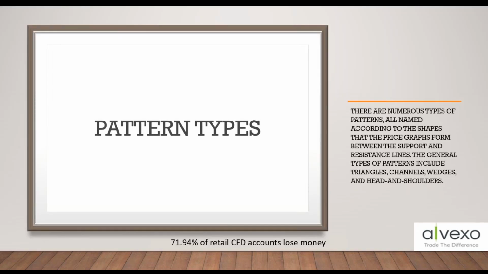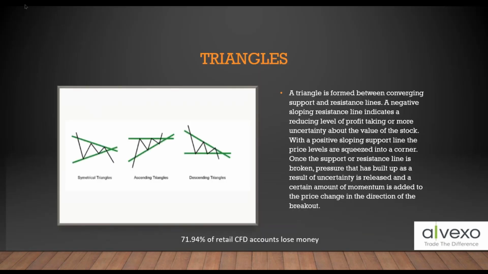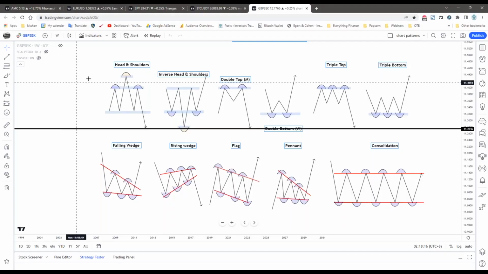Now, the patterns are named after the shapes that they make. So let me pop up a chart here for you because I have them all on a nice chart ready for you guys. Okay, hold on one second.